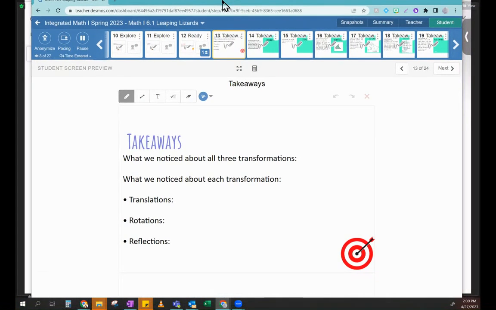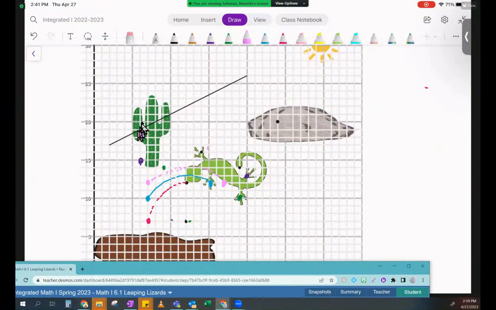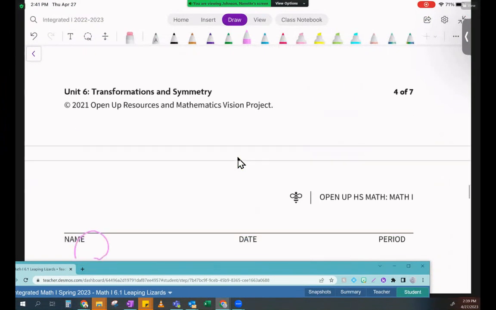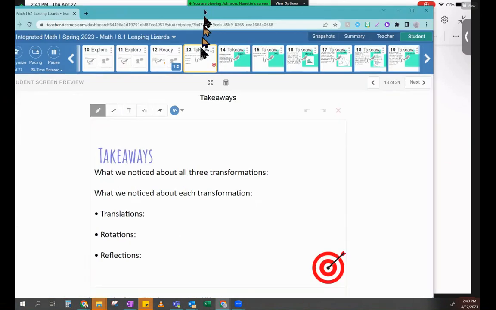And last but not least, for the reflections, all points are the same distance from the line of reflection and they're perpendicular. Because the line we were reflecting across had a slope of 1/2, the slope of the perpendicular is going to be 2/1, right? Because they are perpendicular.